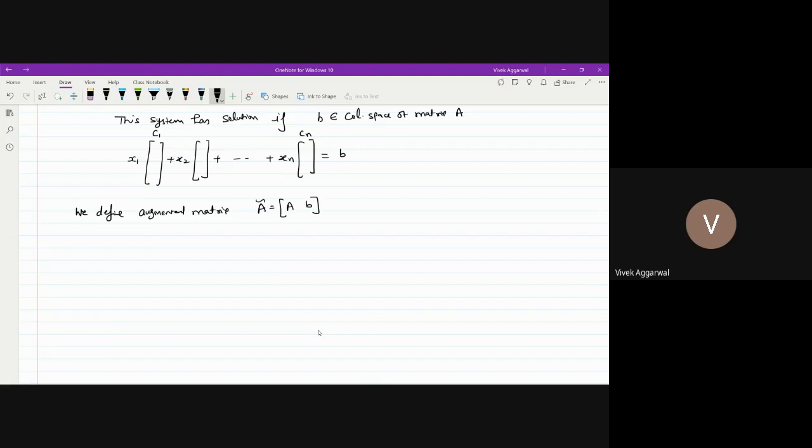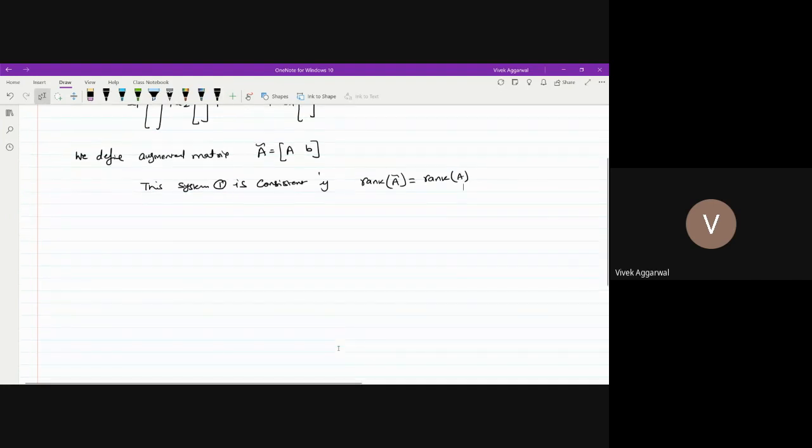Now we say that the system is consistent. Consistent means that we can solve the system if the rank of the augmented matrix is same as the rank of the given matrix. So in that case, we say that the system is solvable.